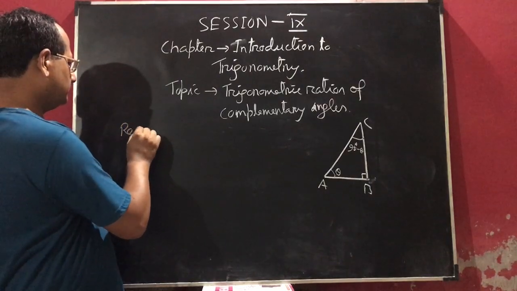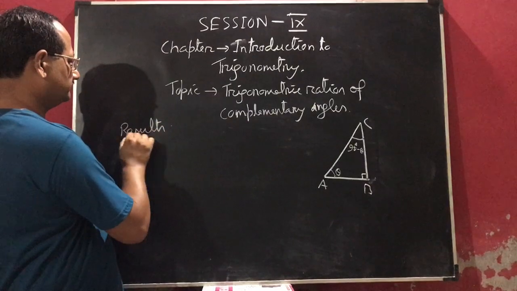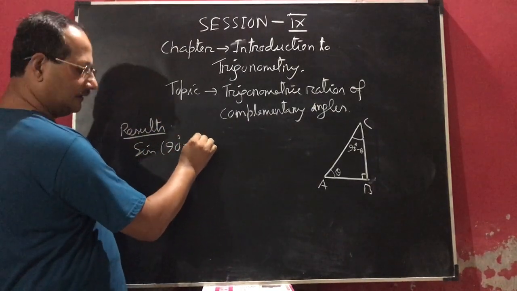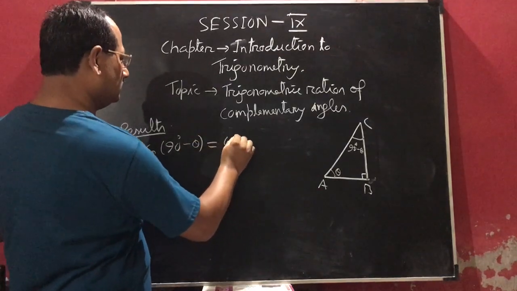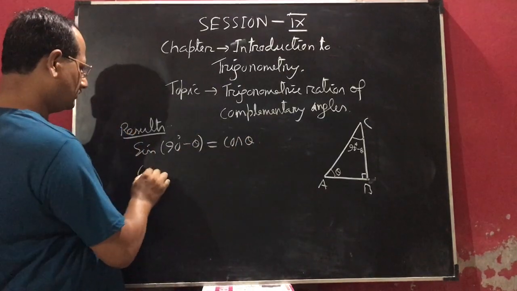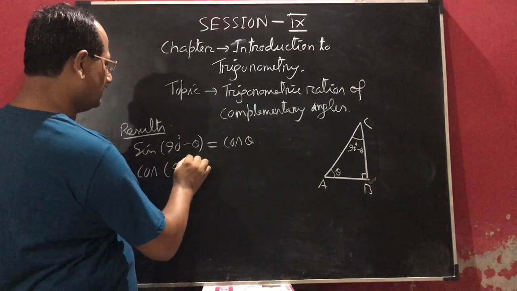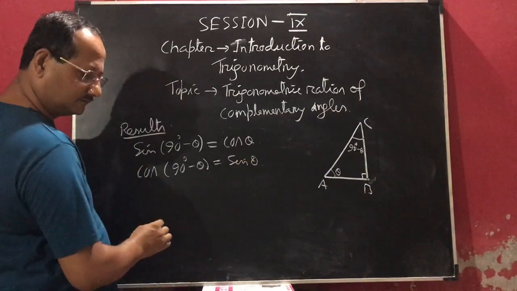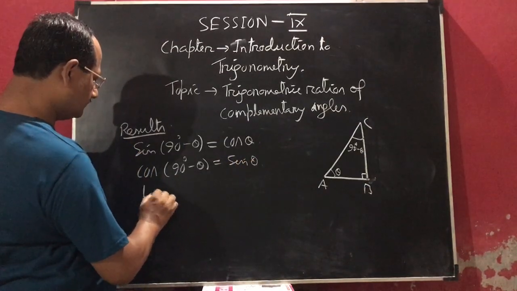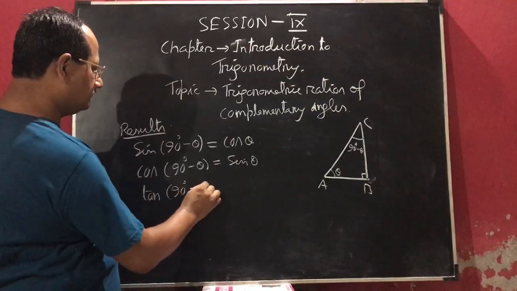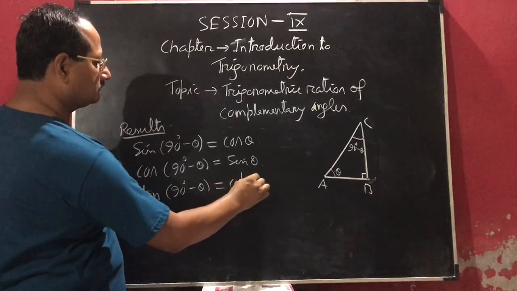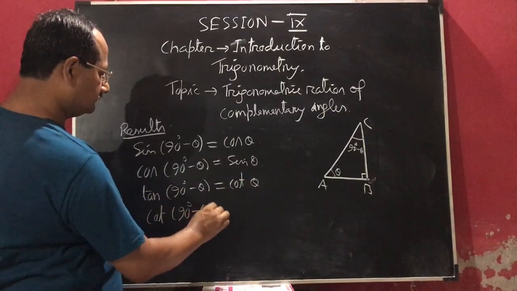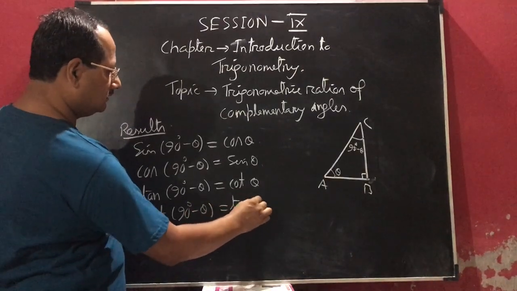The results: sin of 90 minus theta equals cos theta. Cos of 90 minus theta equals sin theta. Tan of 90 minus theta equals cot theta. Cot of 90 minus theta equals tan theta.